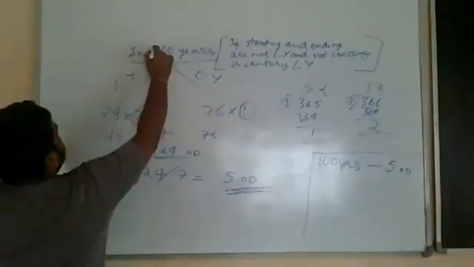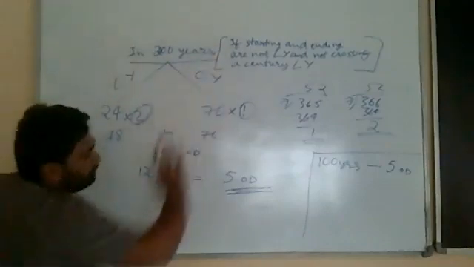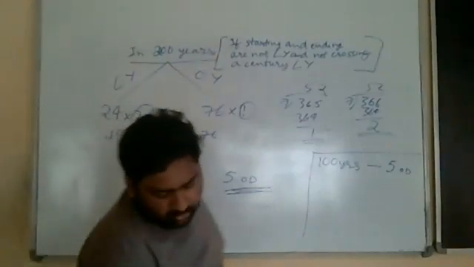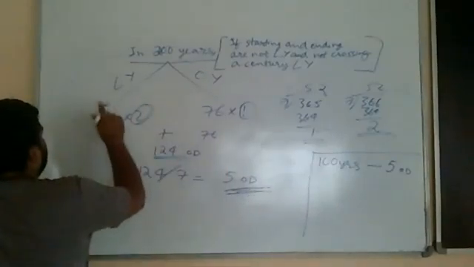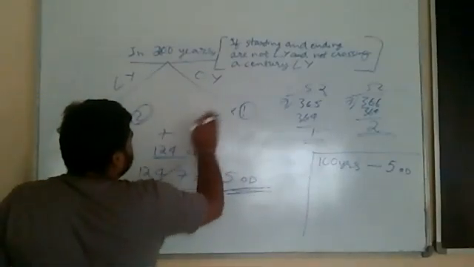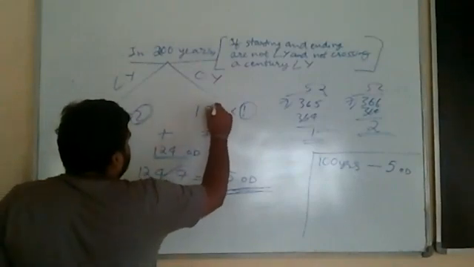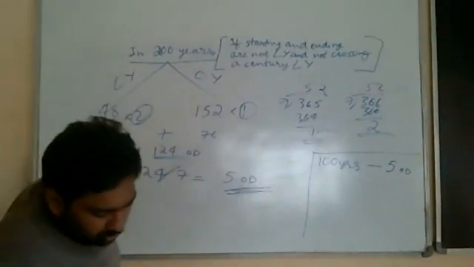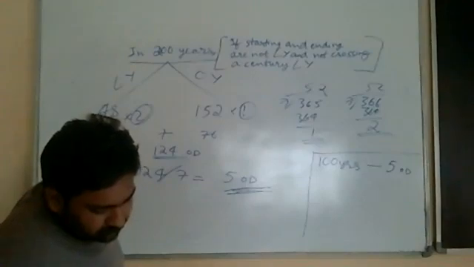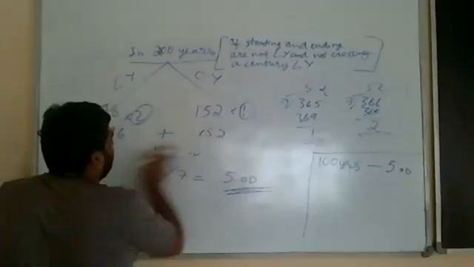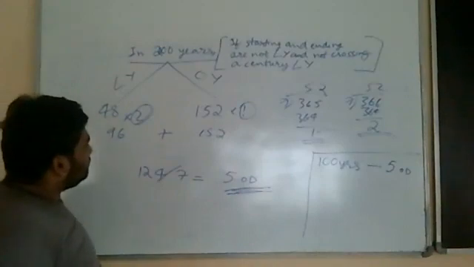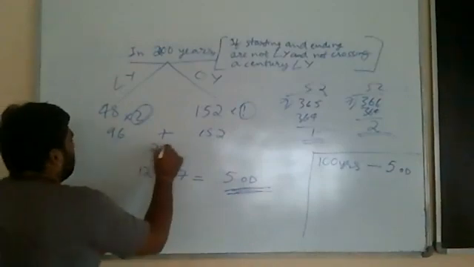Now make it 200. The condition is the same. This will become 48, this will become 152. This will become 96, this will become 152. What will this total be? 248.